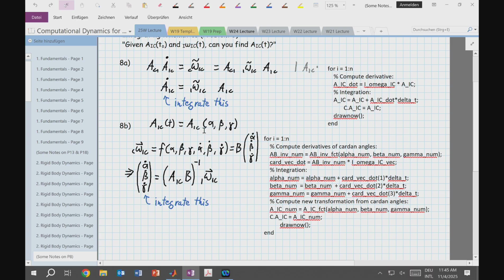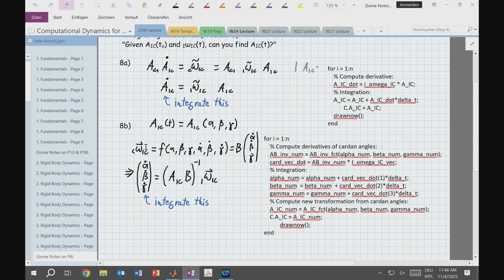And we then had a look at this and analytically computed this matrix, right? So I know AIC as an analytic expression of alpha, beta, and gamma. I analytically computed AIC dot, multiplied those together, got this guy here, omega tilde, extracted omega IC.